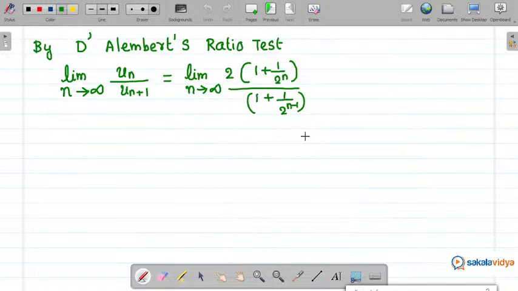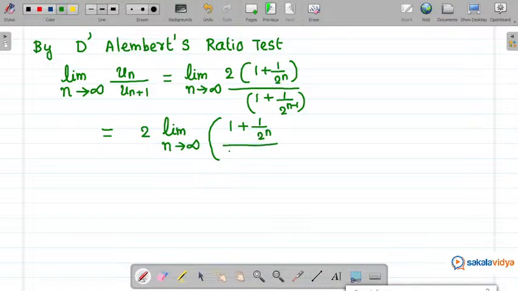Right. Now actually 2 is the constant. Let us take 2 common. Now limit n tends to infinity, 1 plus 1 by 2 power n divided by 1 plus 1 by 2 power n minus 1. So here very interesting.